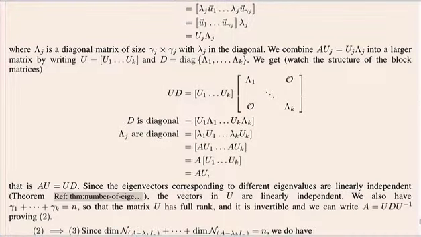That means that looking back where we started, we have that A times U equals U times D with these big matrices. And since the eigenvectors corresponding to different eigenvalues are linearly independent, that was a theorem before on the number of eigenvalues, the vectors in U are linearly independent.